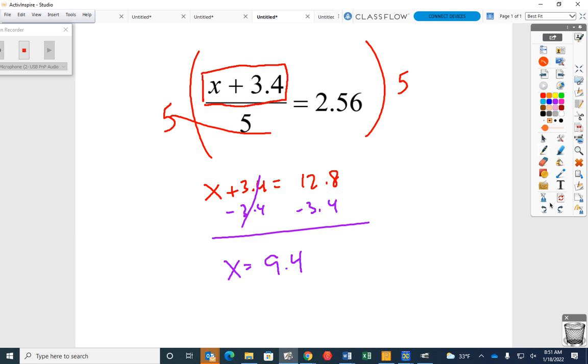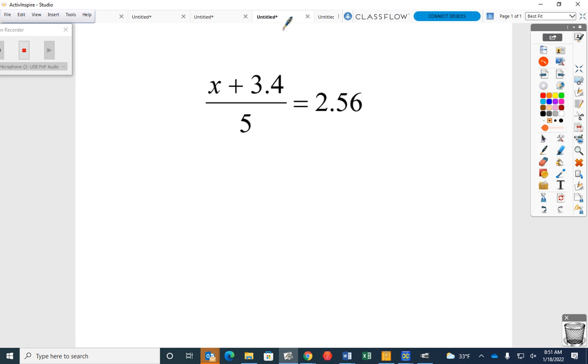She's writing in caveman. X equals 9.4. Okay, try this one together on your whiteboard with your partner.